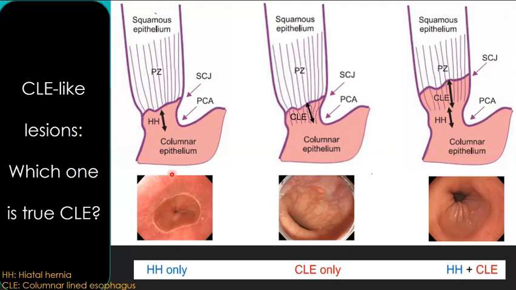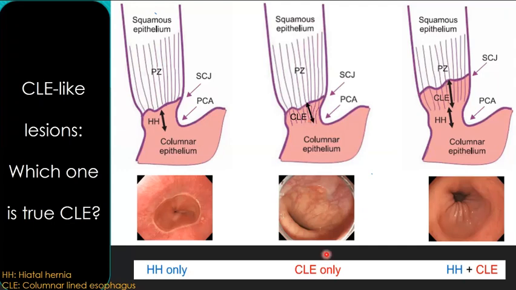In this case, hiatal hernia and then columnar lined epithelium, this is kind of true type Barrett esophagus. But unfortunately, or interestingly, among East Asians, we have a few cases, or increasing cases, of only CLE without hiatal hernia. Is it true type Barrett esophagus? Let me unfold it.